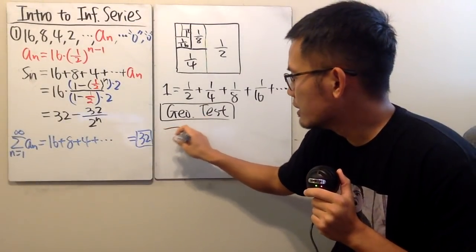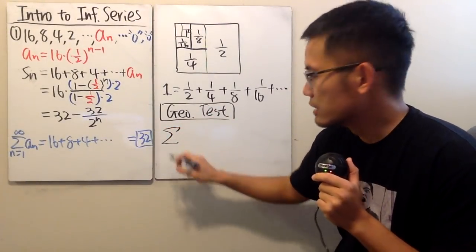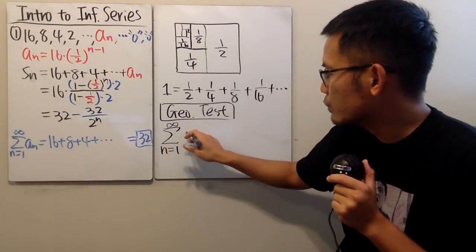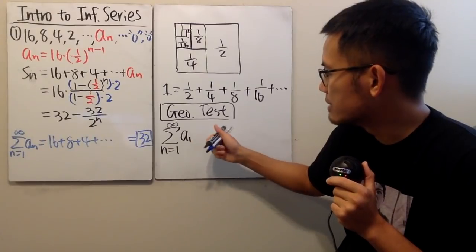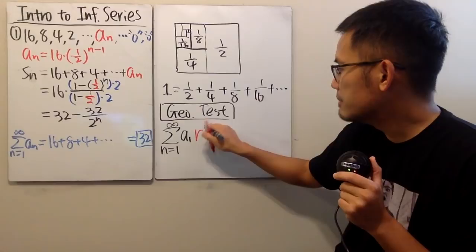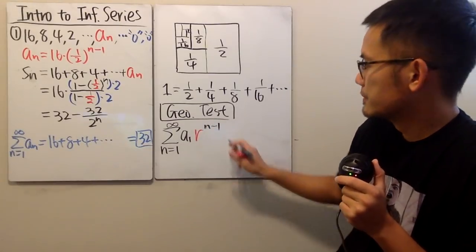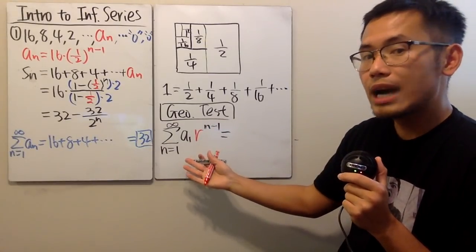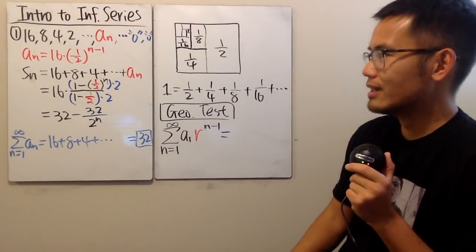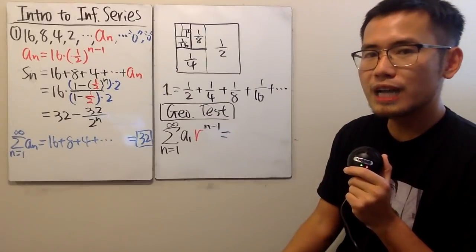Here's the deal. If today you are dealing with an infinite geometric series, and the formula is the sum as n goes from 1 to infinity of a1 times the common ratio r to the n minus 1 power, like this. Well, let me tell you, in fact, we have a nice formula. We don't have to do this every single time.